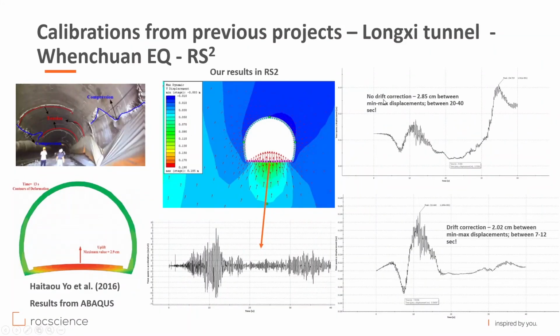Firstly, we used no drift correction, and then we had 2.85 centimeters between the minimum and maximum displacement, between 20 and 40 seconds. But in the second, corrected model, we used drift correction, and we got 2.02 centimeters between minimum and maximum displacements, between 7 and 12 seconds. So it's a very similar result to what came from China.